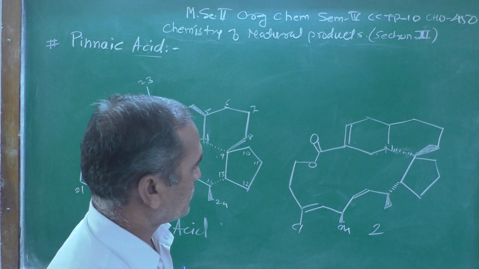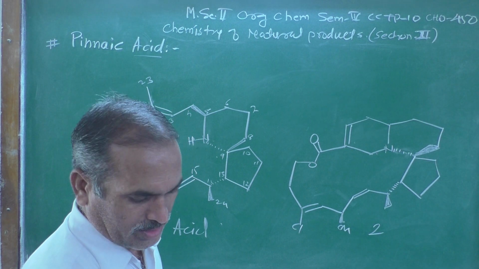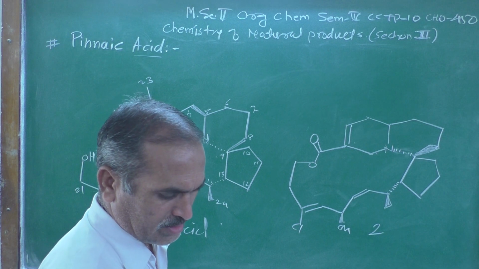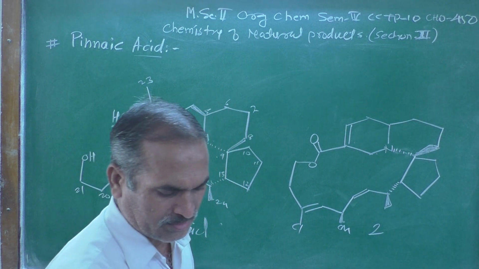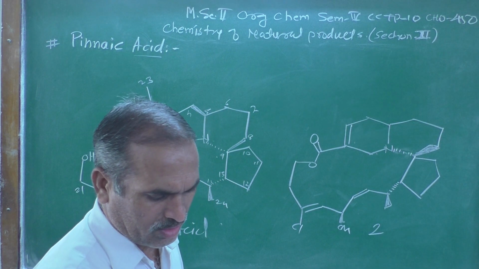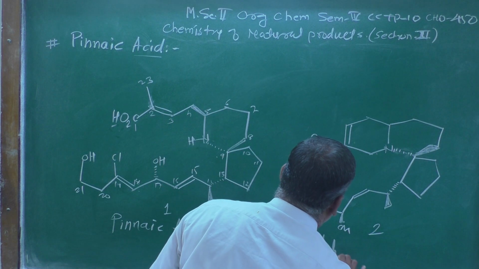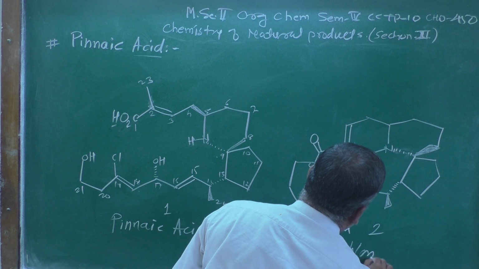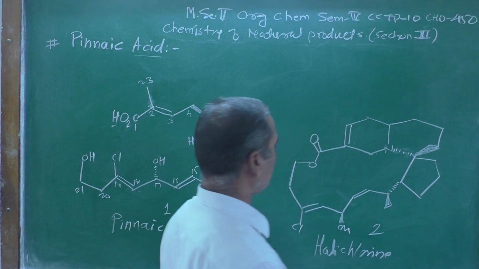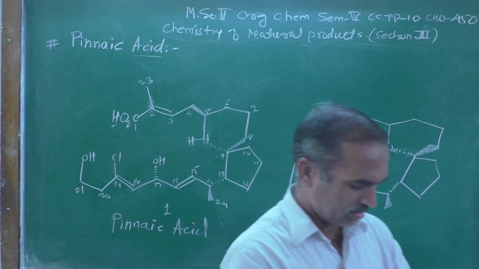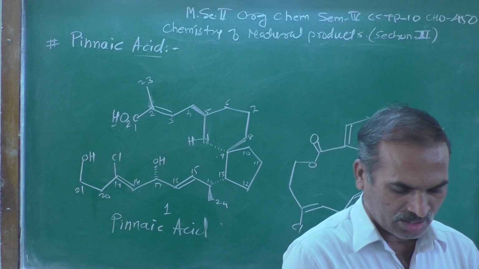This is structure number 2, and the name of this structure is halichlorine. This is the name of the second structure.